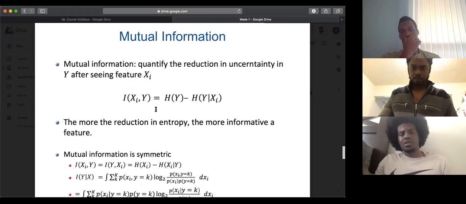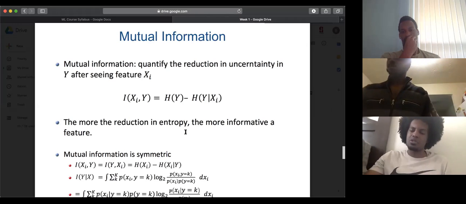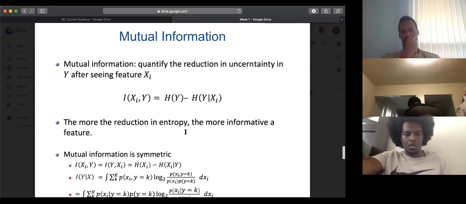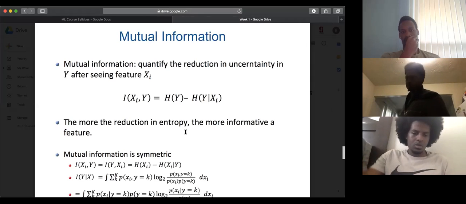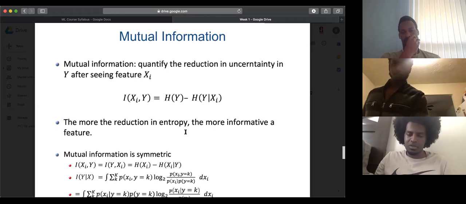So the mutual information is actually the overlap between the two different variables. The more you can reduce entropy, the more informative a feature is. That's in line with what we were talking about, how events that are more unlikely tend to be much more informative than frequently occurring events.